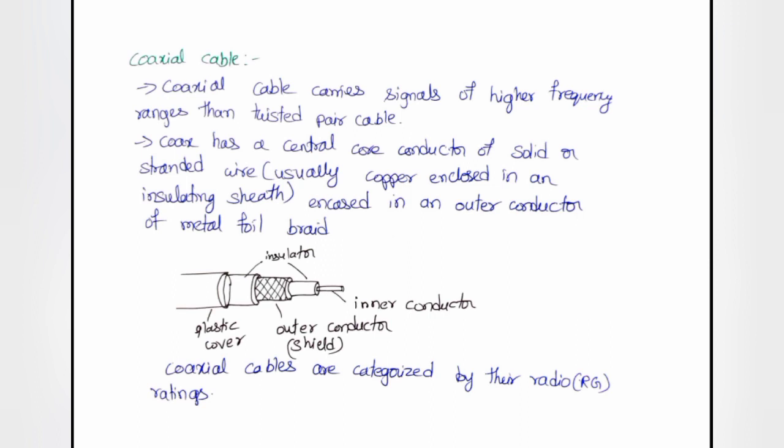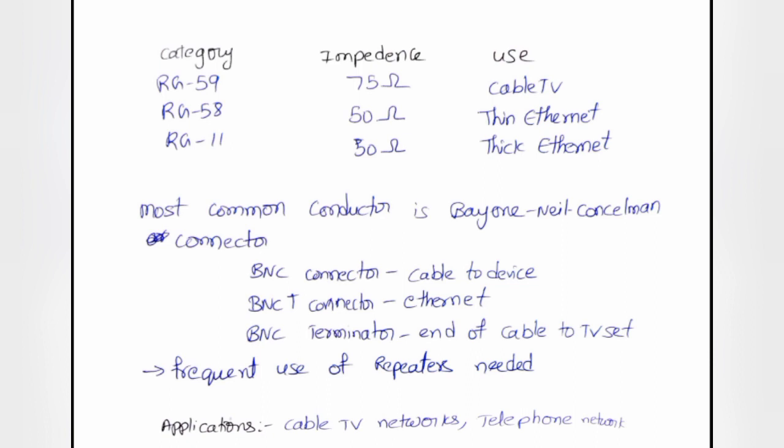So for the dish connection we will be using the coaxial cables, whereas the twisted pair cable will be used to connect two systems, or to connect a system to a router, or a system to a hub, or any networking device. To connect a system with any networking or internetworking device, we use the twisted pair cable. Or to connect two systems also, we will use the twisted pair cable.